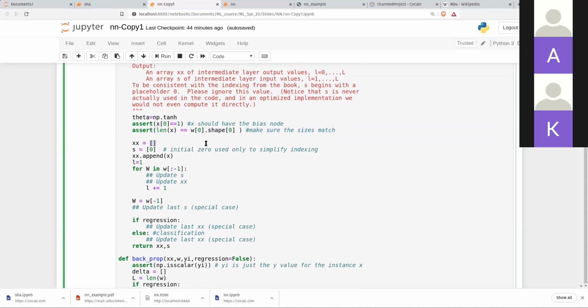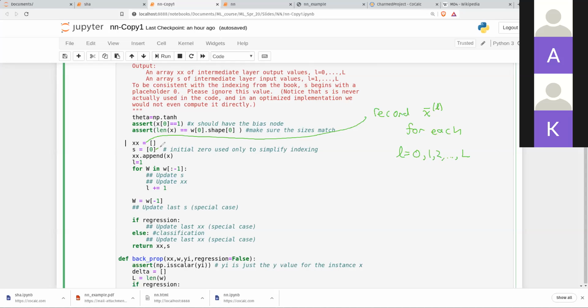Okay, so what this is going to do is it's going to go through it and it's going to compute. Maybe I should use my pen to make a note here. If I can get this to work. So what this will do is it will record XL for each L equals 0, 1, 2, up to L. So it turns out that you're going to need those later, possibly, if you're doing back propagation.